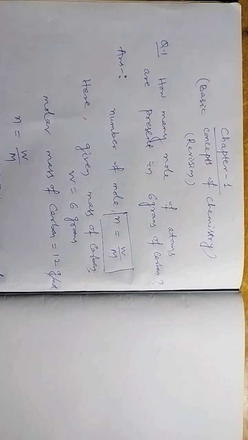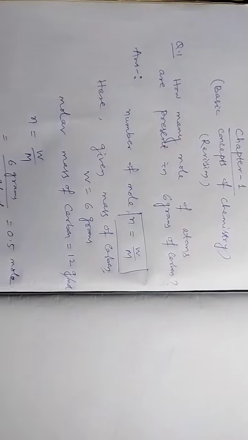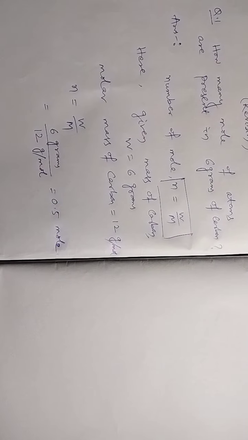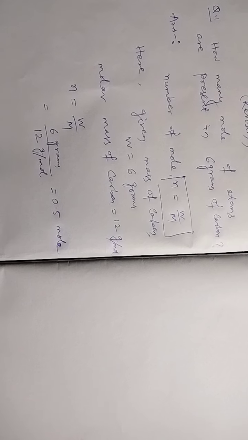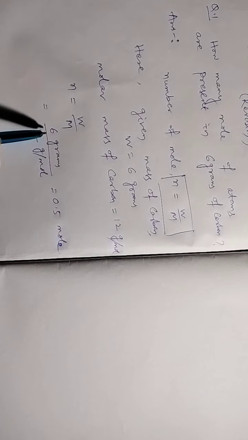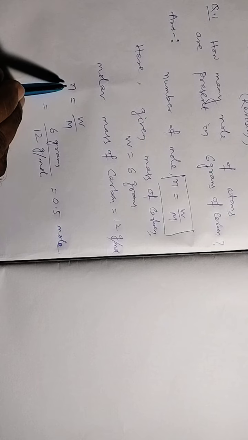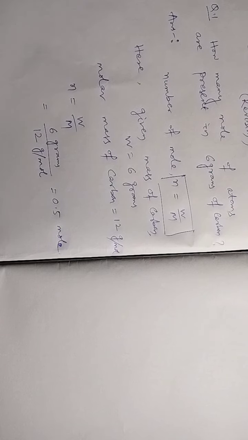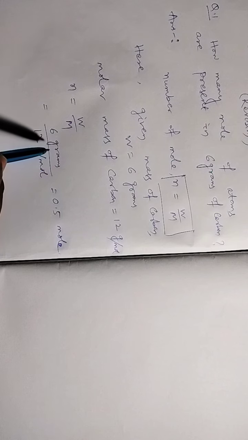This is the answer. N is the number of moles of the substance, that is here carbon, and W is the given mass of carbon, that is 6 gram, and M is the molar mass of carbon.